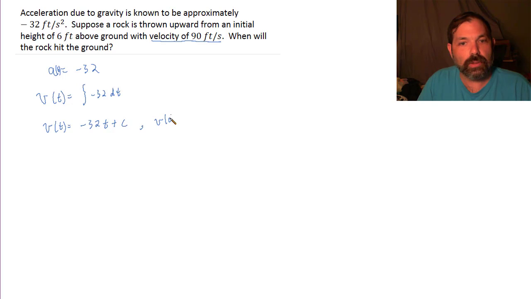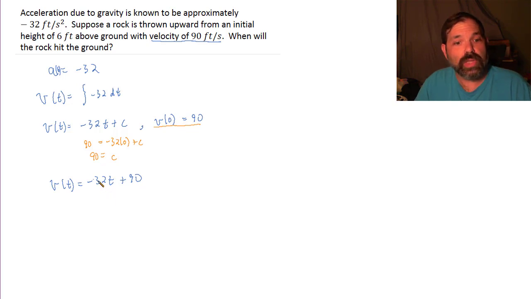Now, the rock is thrown upward from an initial height of 6 feet above ground with a velocity of 90 feet per second, and it's thrown upward. I know that v of 0 is 90. Substituting that in, 90 must be equal to negative 32 times 0 plus c, therefore c is 90. So that means that my velocity function, v of t, is negative 32t plus 90.